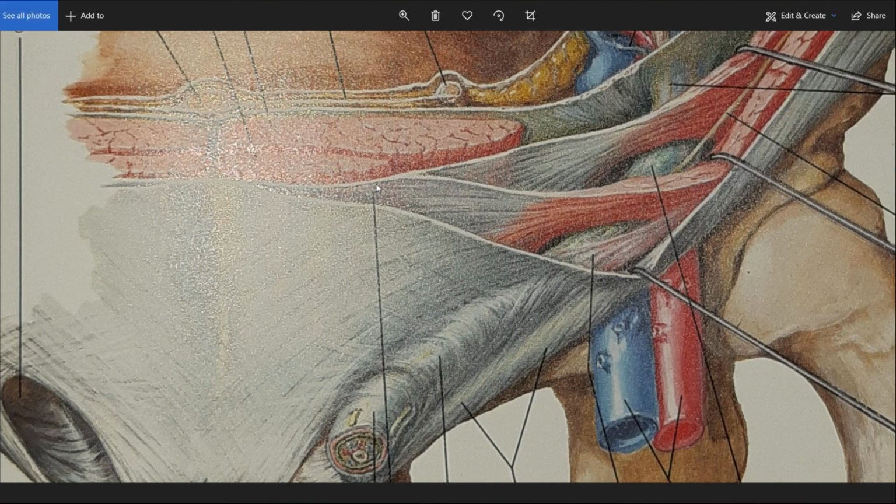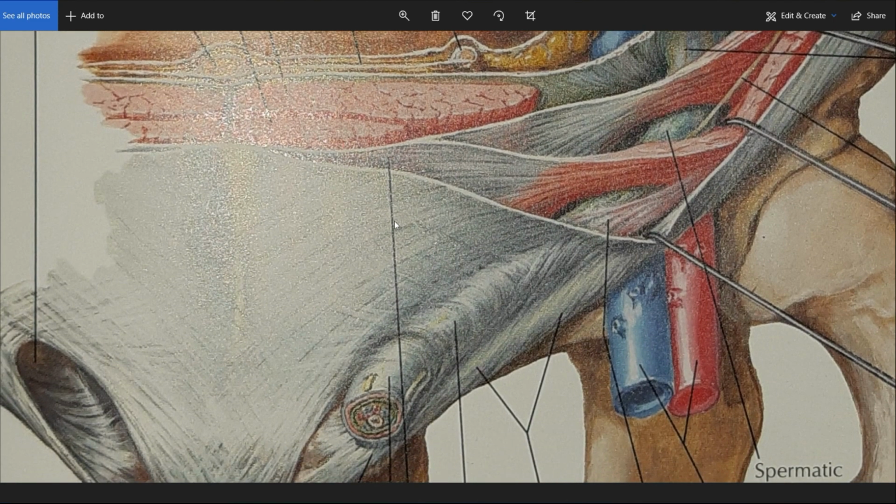Why I'm mentioning the conjoint tendon right now is because, as you can see, it is posterior to the inguinal canal. Can you see? This is the inguinal canal coming like this. We are visualizing the spermatic cord as the inguinal canal, because for all intents and purposes, it is completely filling up the inguinal canal.